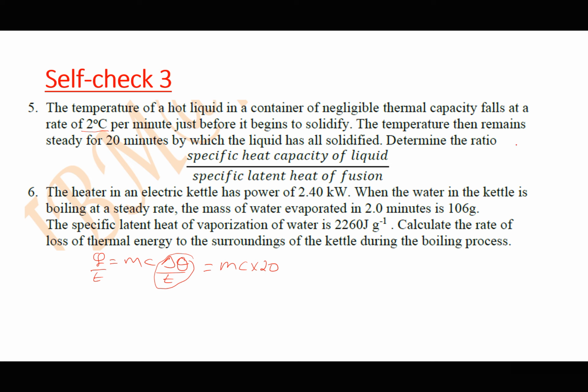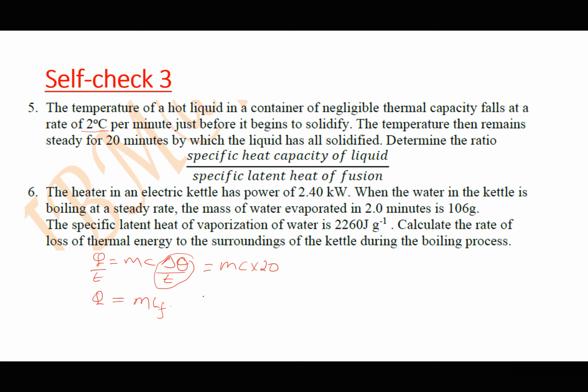Then the temperature remains steady for 20 minutes. So it means Q is now going to be equal to the mass of the substance times, because the temperature remains constant, we now talk about latent heat of fusion.